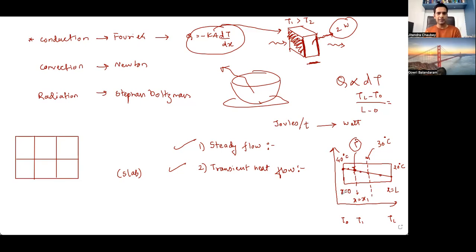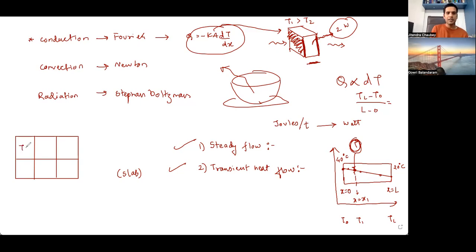I know x starting, I know x end, and I know the position where I want to know the value of T. Everything is known except this temperature. You can simply take a ratio, which can be made by writing them in a table.